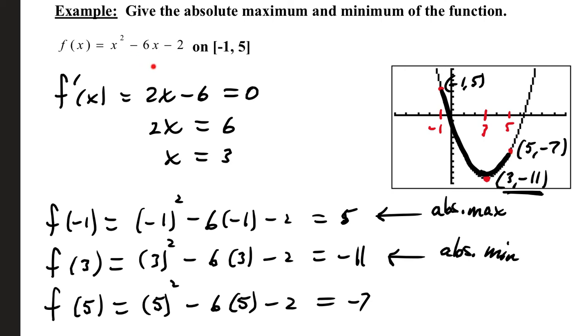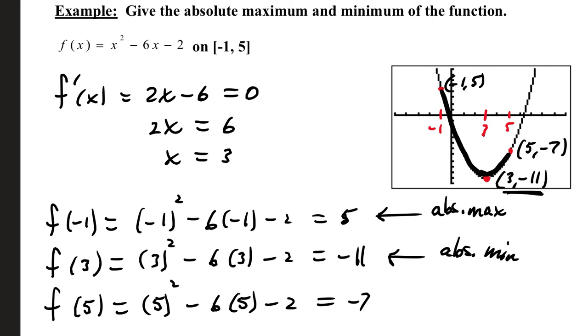Our first derivative is 2x minus 6, which carries a critical number of 3. Is 3 inside this interval? It is. 3 is between -1 and 5. So we're going to find, using the original function, the values at the endpoints, -1 and 5, and also the value at that critical number that's inside the interval.